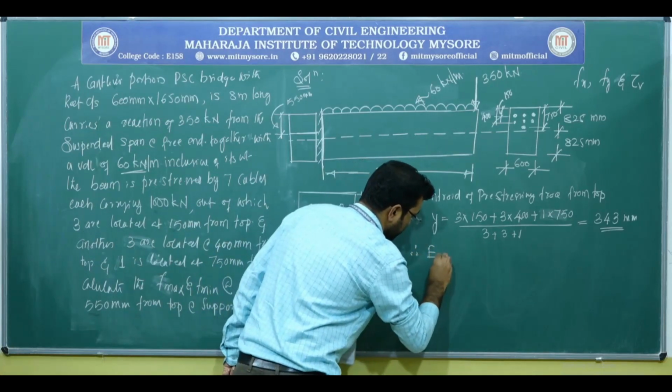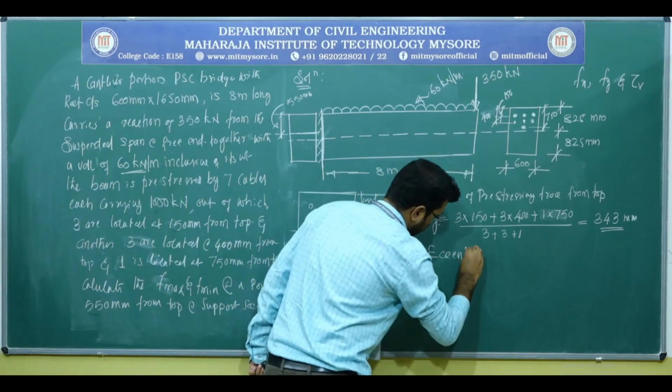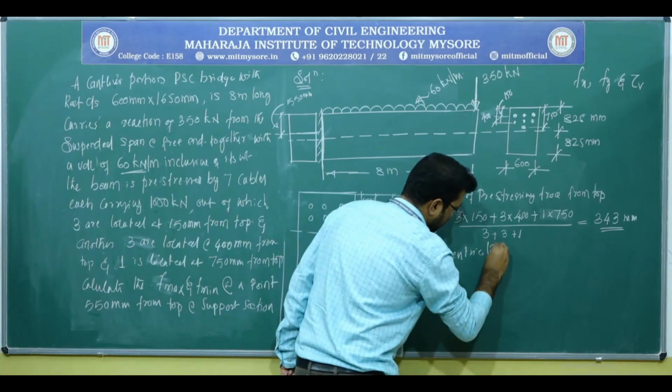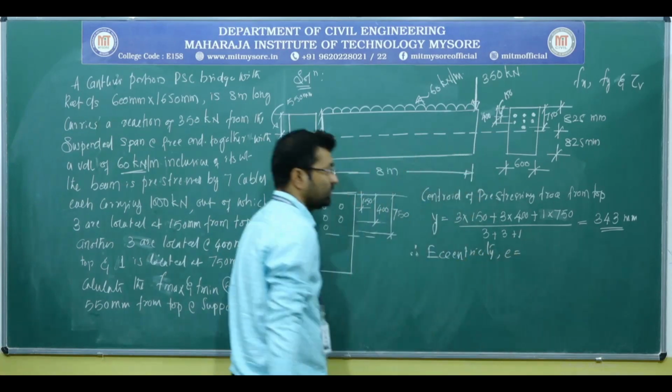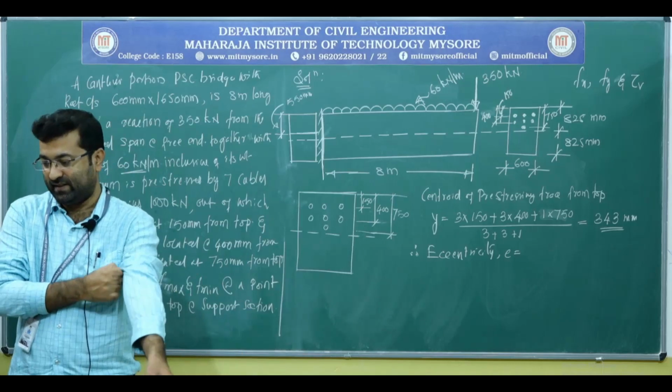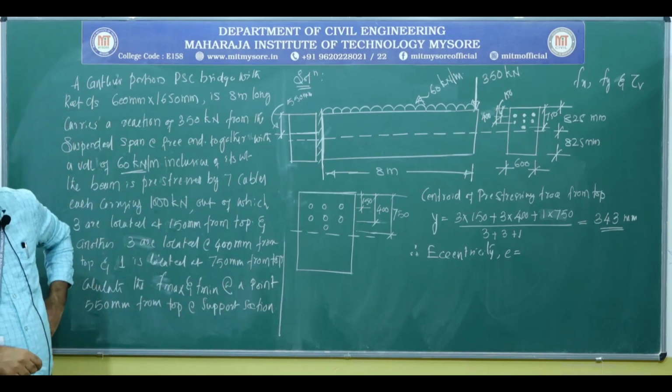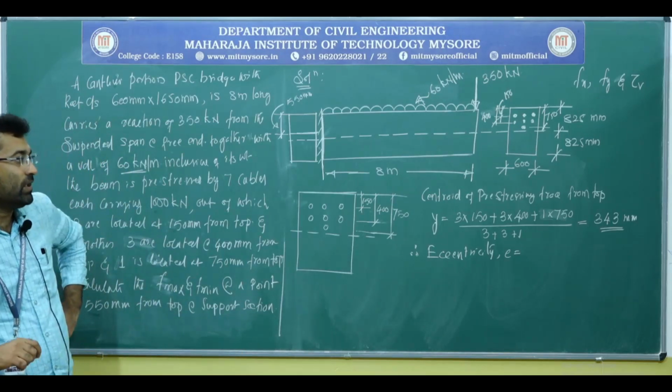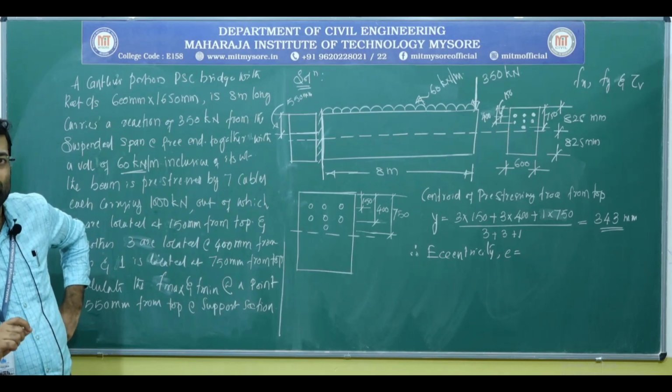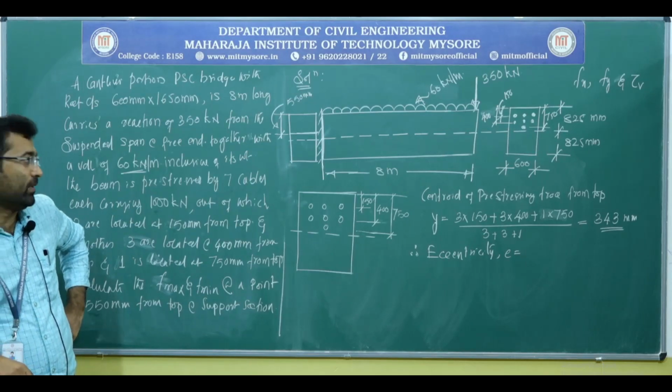Therefore, eccentricity is equal to. So, what is eccentricity? Eccentricity is the distance between the neutral axis and the center of the cable.